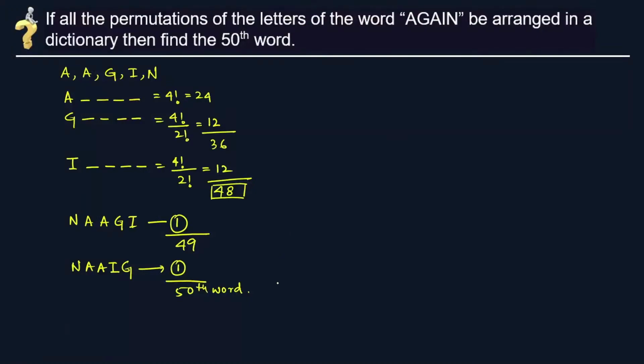So the 50th word will be N-A-A-I-G. Is it clear to all? Absolutely. So I hope now your dictionary wala problem, the rank problem, is clear to everyone, right? So that's the answer, N-A-A-I-G, that is our 50th word.